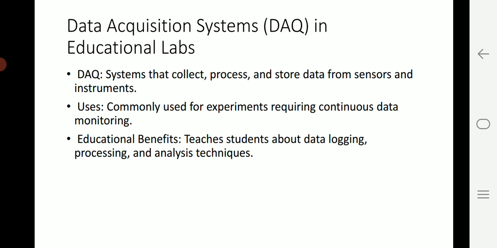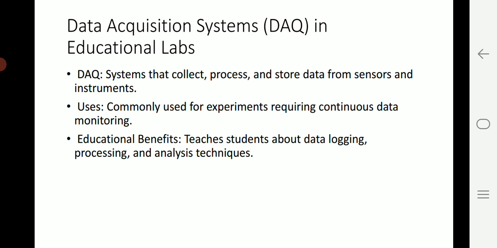Data acquisition systems, DAQ, in educational labs. DAQ is nothing but a system that collects, processes, and stores data from sensors and instrumentation. We have some sensor, and it can collect, process, and store the data from the sensor.